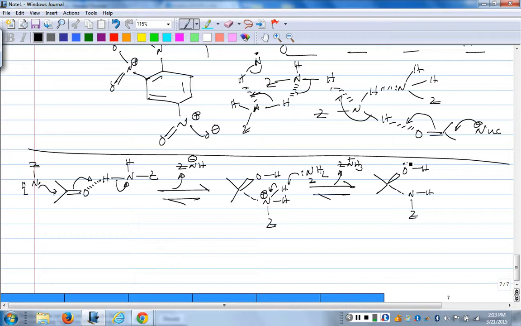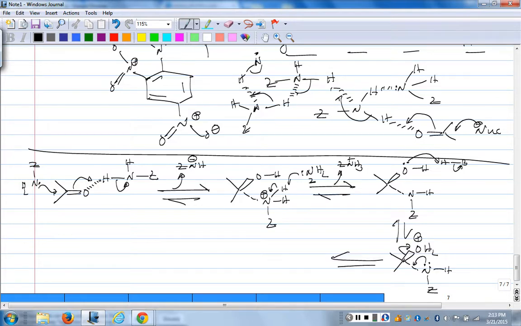Then I have some acid protonate this species, and my acid could be one of the ZNH3 pluses, right? I protonate here and generate this species, OH2 plus, which gives a great leaving group, 2 bonds away from a source of electron density. So this is like falling off a log.